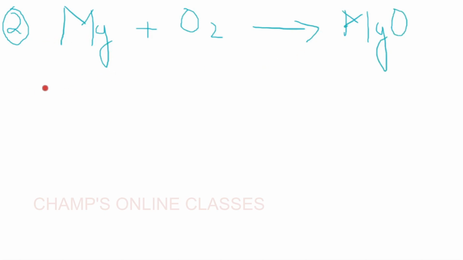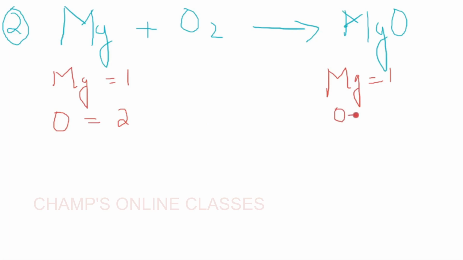On the reactant side, how many Mg are there? There's 1 magnesium. Even on the product side, there's 1 magnesium. Oxygen: on the reactant side, we have 2 oxygen. On the product side, we have only 1 oxygen. So again, we will multiply with 2 on the product side to make the number of oxygen equal. Now let's write the equation again.